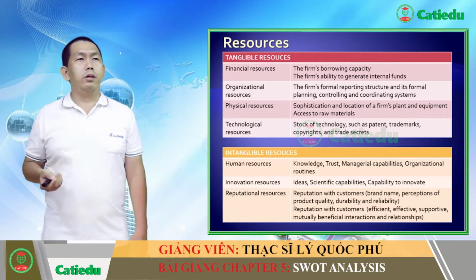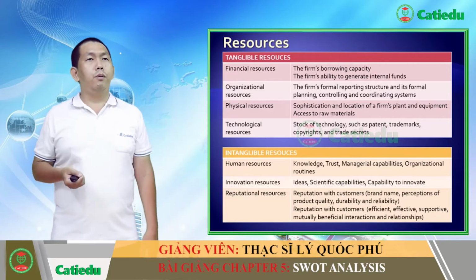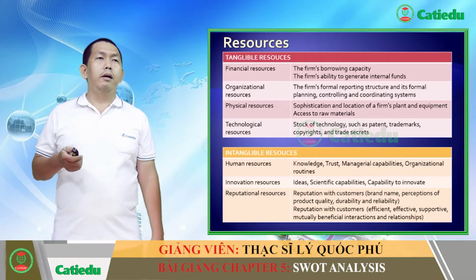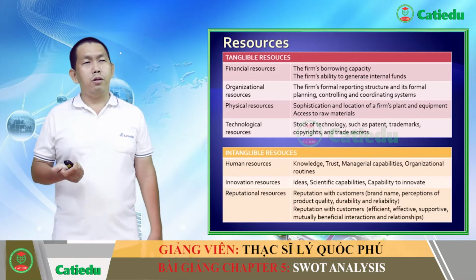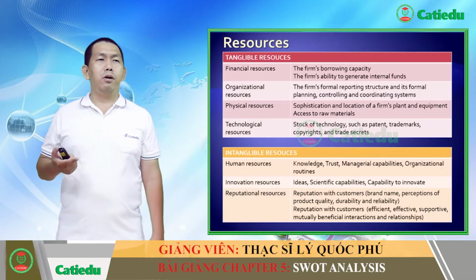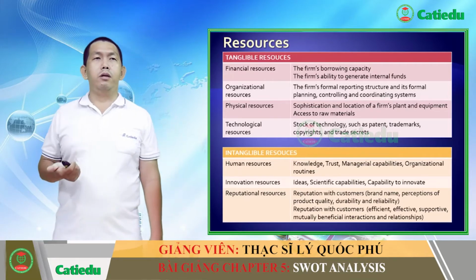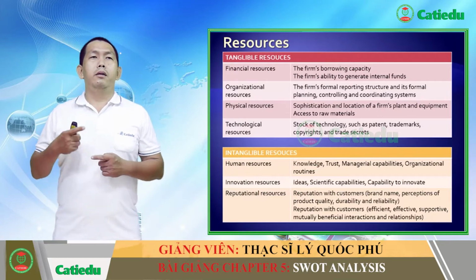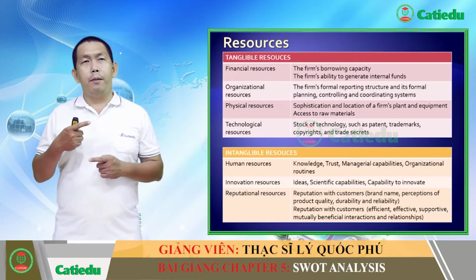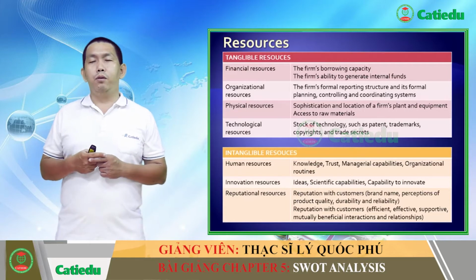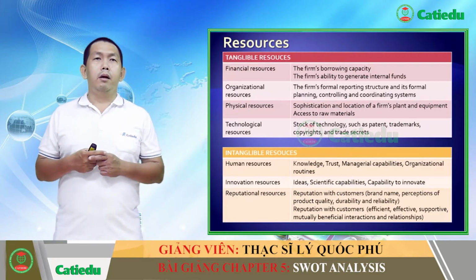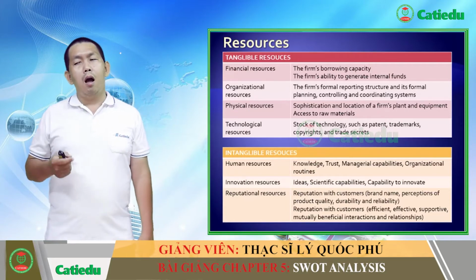Now, resources. Tangible resources here include financial resources, organizational resources, physical resources, and technical resources. Financial resources are the firm's borrowing capacity and the firm's ability to generate internal funds.